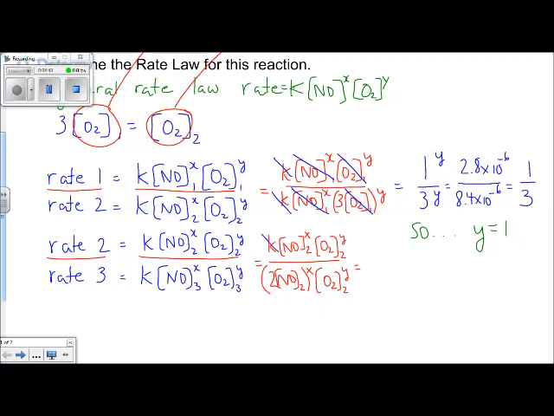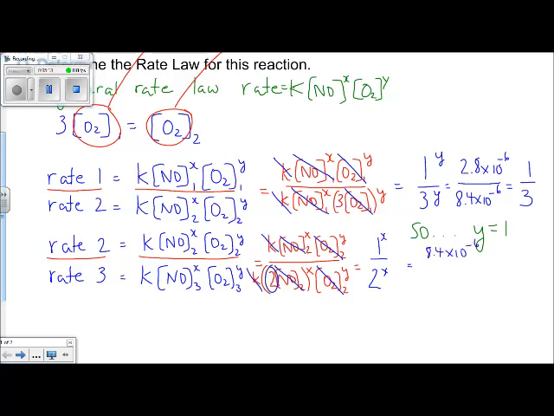We can first cancel out the K. Oh look, I forgot the K in the denominator, so pop that K in. And then once it's in, we'll cross it out. We'll also cancel the NO concentration from experiment 2. We'll cancel the O2 concentration from experiment 2, and we're left with a factor of 1 over 2, 1 raised to the power X and 2 raised to the power X. Now we put in the values of the rates for experiment 2 and experiment 3.